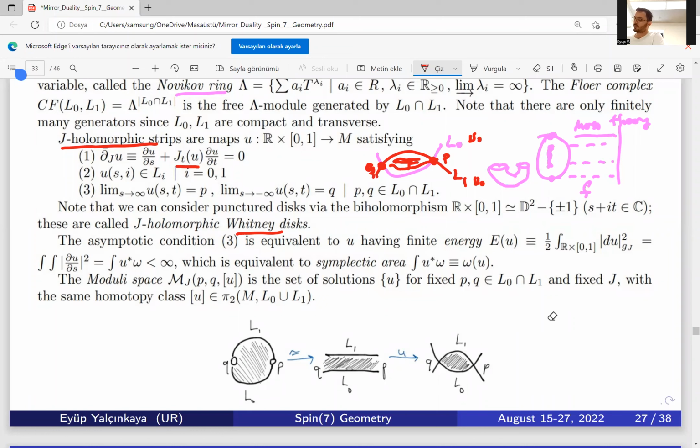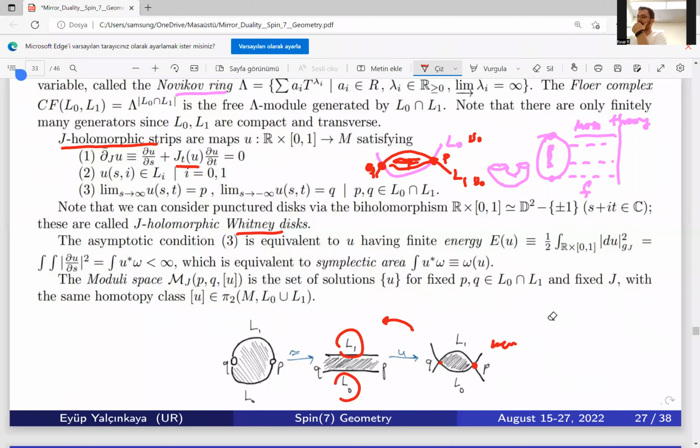Actually, this construction, if you have L0, this is the Lagrangian, this one is the L1. So the Floer homology sends the endpoints to infinity. This is the P, this one the Q. Actually, we can pull back all information. P sends to infinity, Q sends to infinity. So L1 is actually this one now. This is L2, and from here the Möbius transformation.